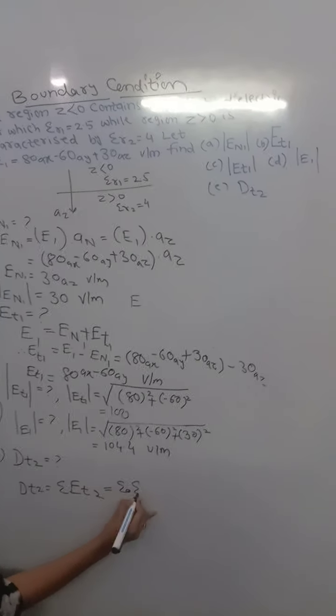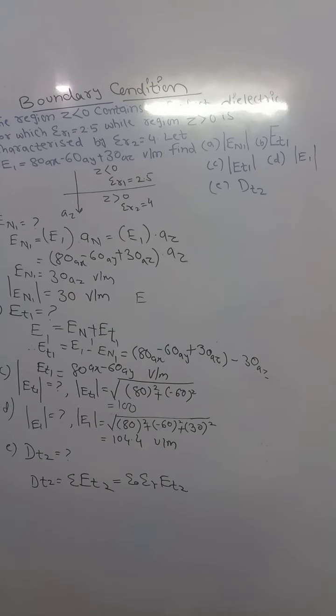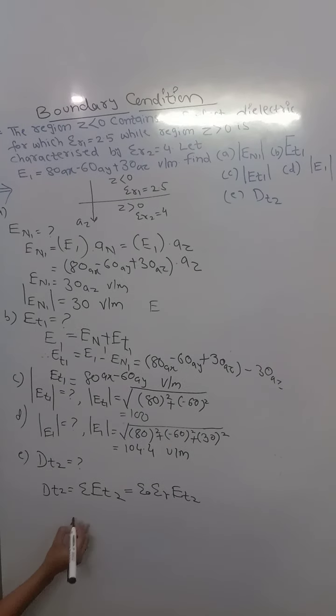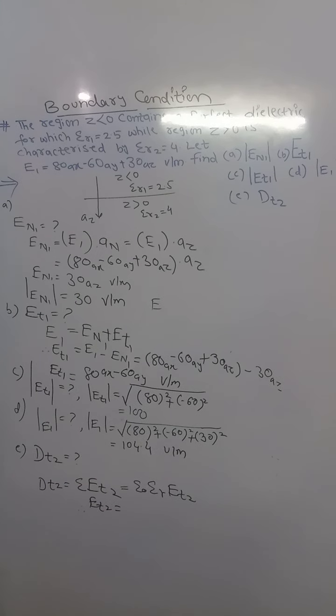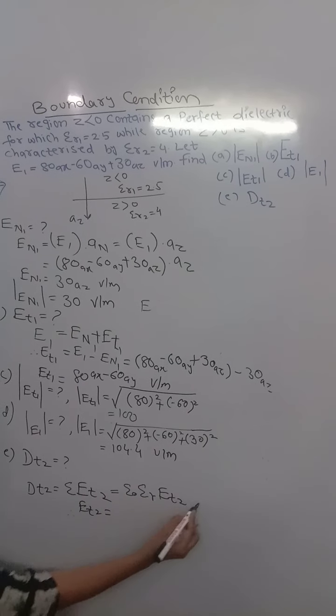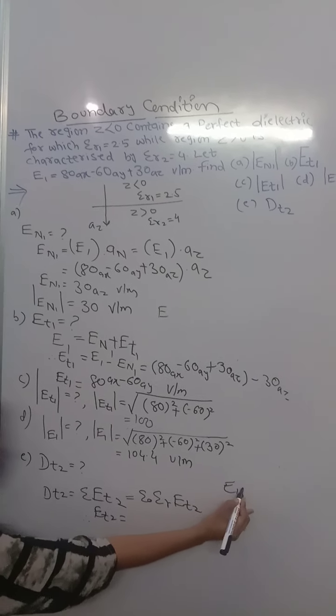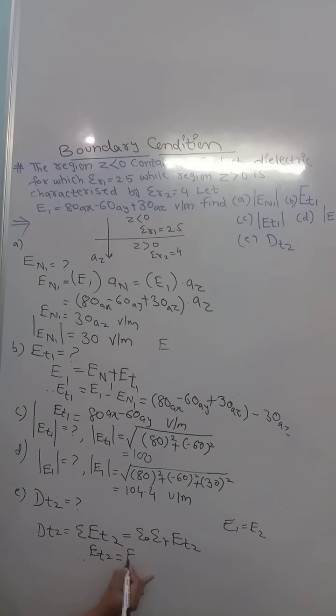Epsilon will be epsilon 0 epsilon R. The question will arise, where is my ET2? I need to calculate my ET2, which will be equal to ET1, because the tangential component is continuous across the boundary, so ET2 equals ET1.